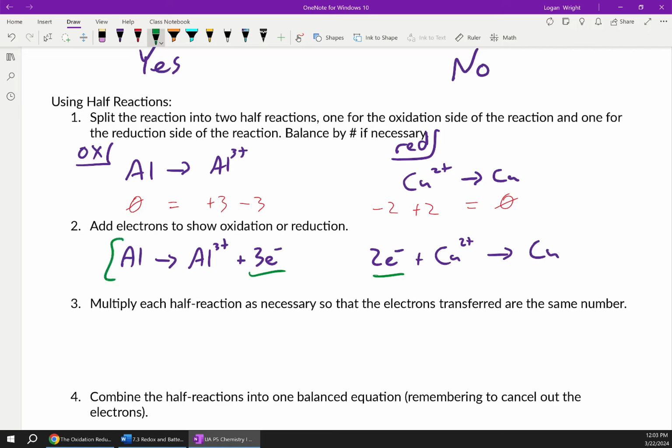So we look for a common multiple. If I multiply this side by 2, and I multiply this side by 3, will my electrons match? Yeah, my electrons will match. So let's rewrite it. 2 aluminums becomes 2 aluminum ions plus 6 electrons.